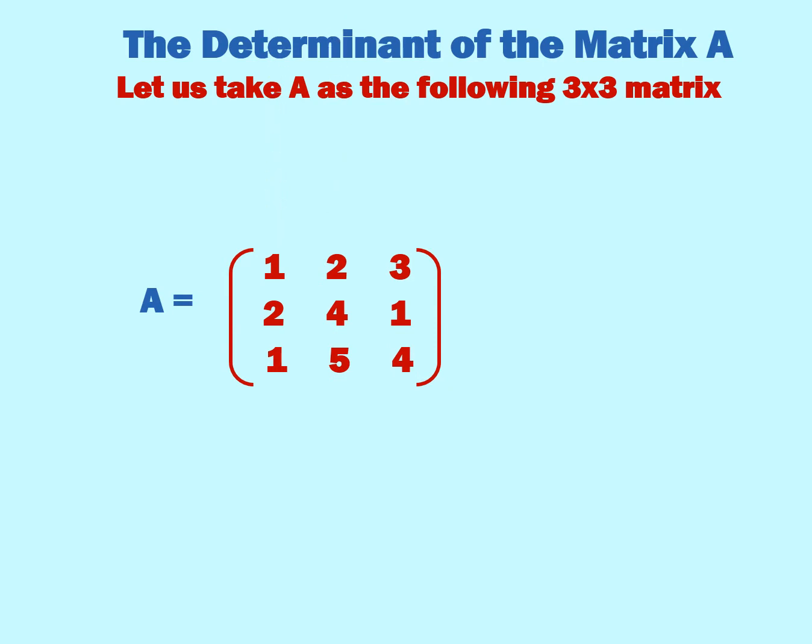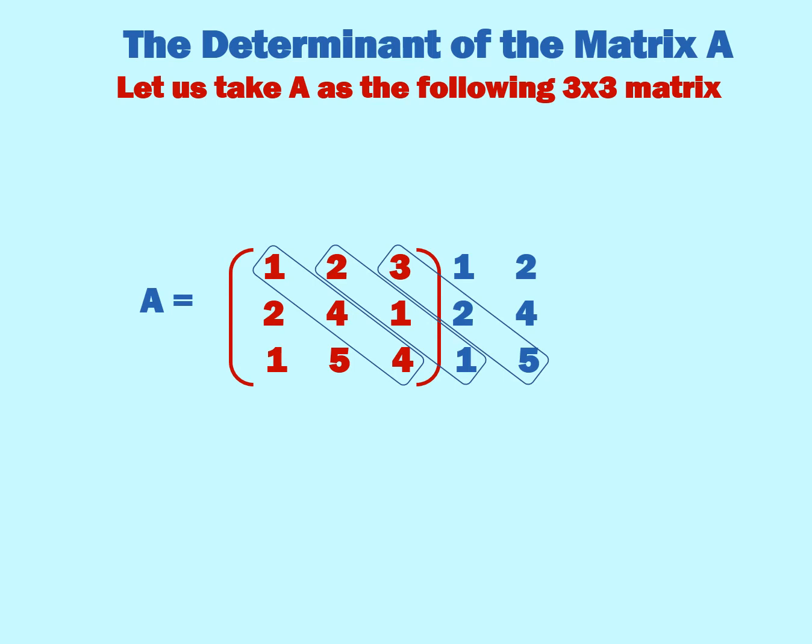Next, we are going to copy the first and the second columns of the matrix, appending them as two more columns to our original matrix. After copying the two columns, we will now end up with a 3-row and 5-column matrix or a 3x5 matrix.